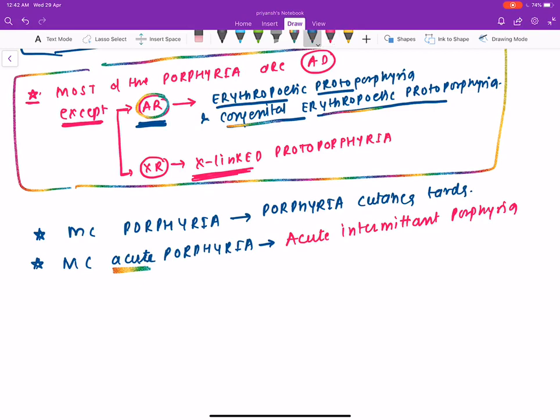If they ask which is the most common porphyria in the pediatric age group, in children, then the answer will be erythropoietic protoporphyria.